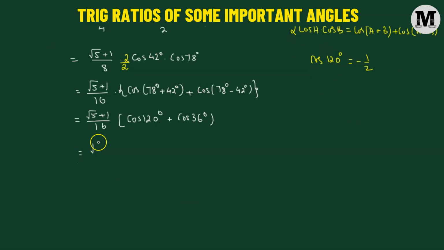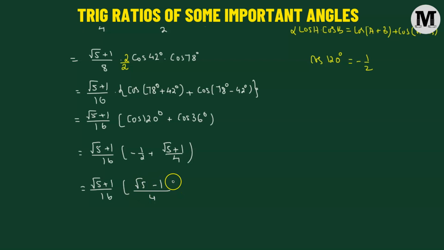Now we have square root of 5 plus 1 divided by 16 multiplied by negative 1/2 added to square root of 5 plus 1 divided by 4, which gives us square root of 5 plus 1 divided by 16 times. Now we're going to combine the two terms within the parentheses and we will get square root of 5 minus 1 divided by 4.